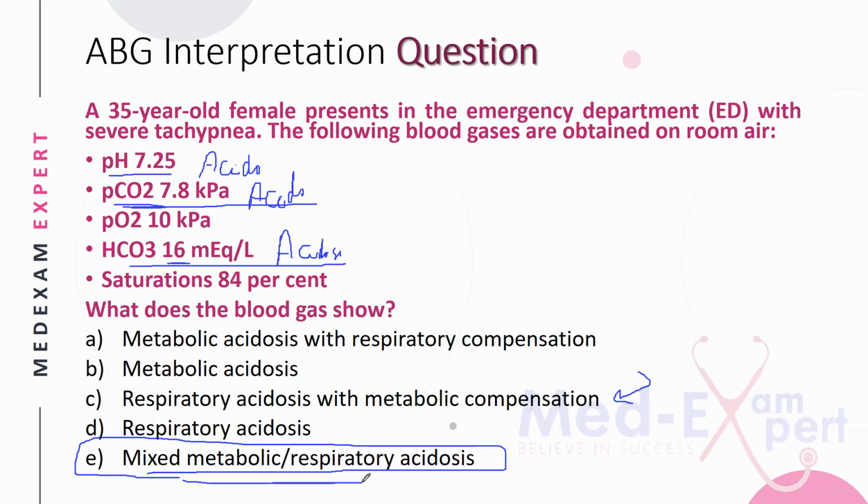This may help you to remember the right answer, or maybe be a source of confusion. So these options must be read very carefully. Okay, so in this condition, I have mixed metabolic acidosis and respiratory acidosis.